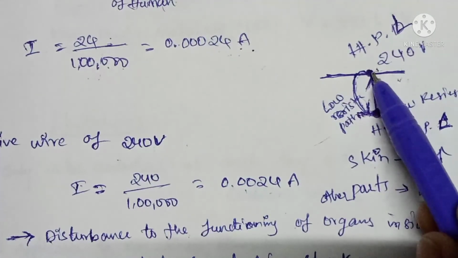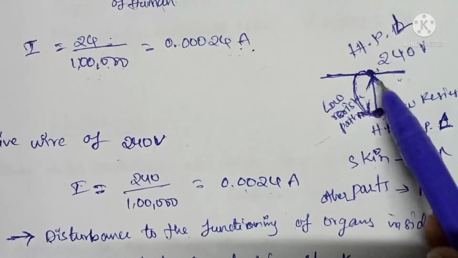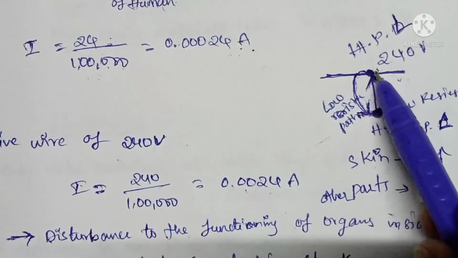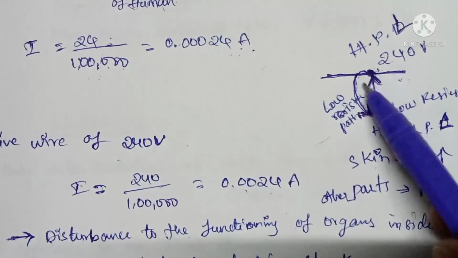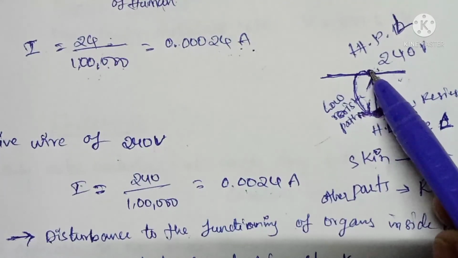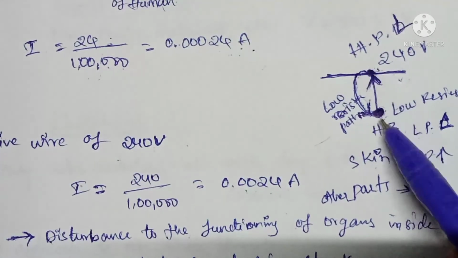So when we touch that wire, due to the potential difference between earth and the 240 volt wire, current flows from higher potential to lower potential, that means from wire to earth through our body.